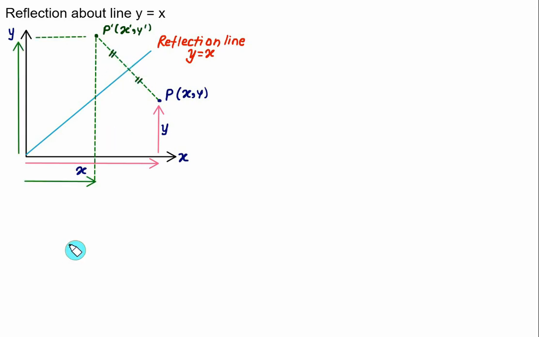Whenever we have a reflection line whose equation says y is equal to x, or x is equal to y, it means that the x coordinate will become the y coordinate and the y coordinate will become the x coordinate. So this distance, which is measured from the origin, is x prime, and this distance is equal to y prime.